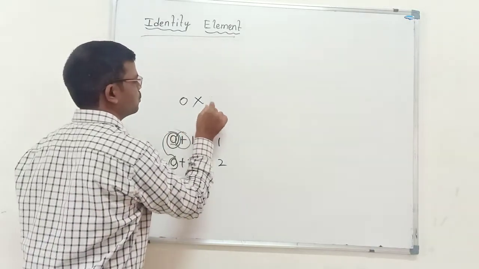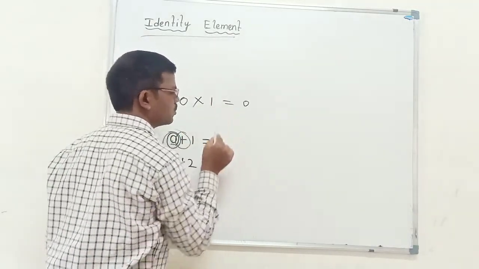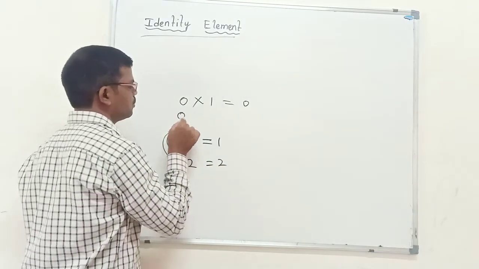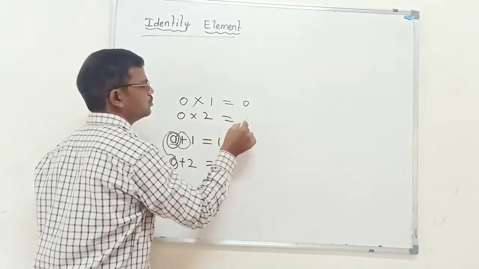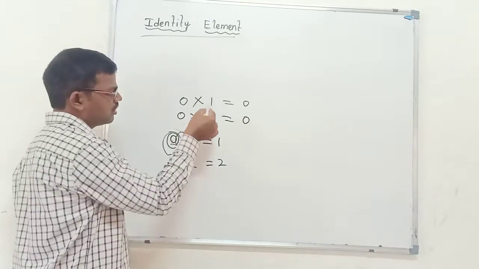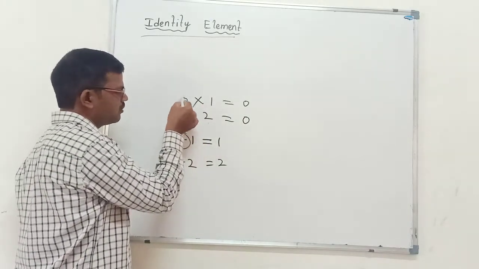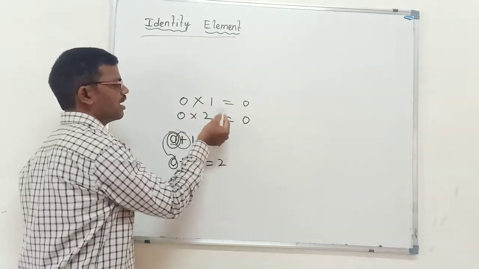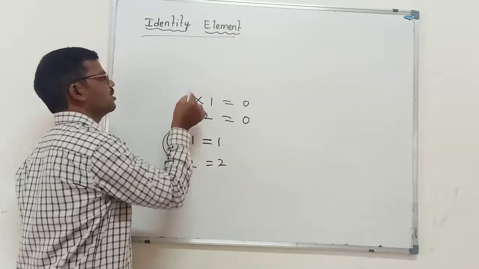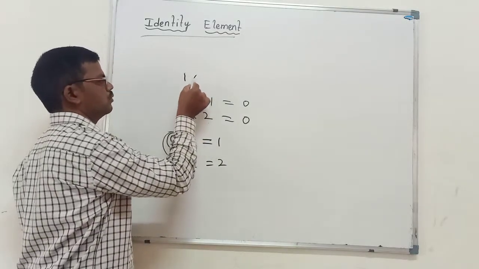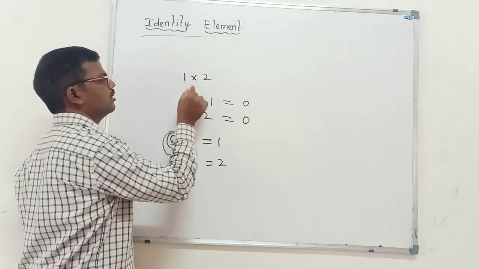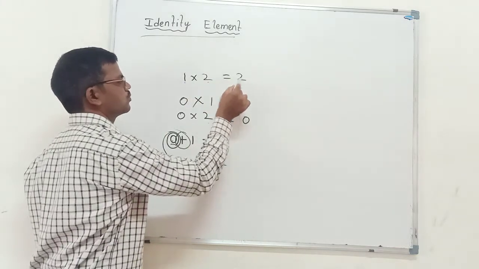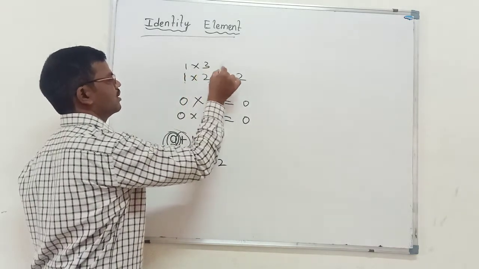Under multiplication, 0 will not work. 0 into 1 gives 0, 0 into 2 gives 0 only. So these elements operating with 0 are changing. Let me take another element, 1, with 2. 1 into 2 is 2, 1 into 3 is 3.